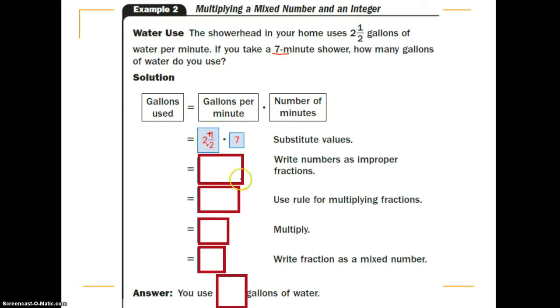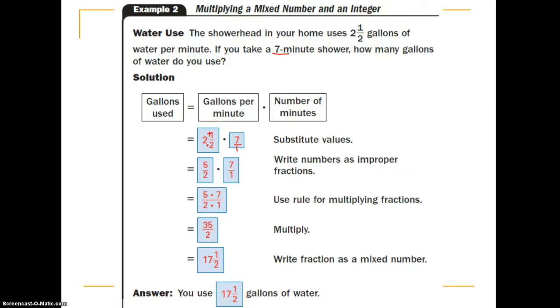Multiply the denominator and the whole number, add the numerator. And then put a 1 underneath the 7. 5 times 7, 2 times 1 is 35 over 2. Now just change it back into a mixed number, and that's how you would simplify. You use 17 and 1/2 gallons of water.